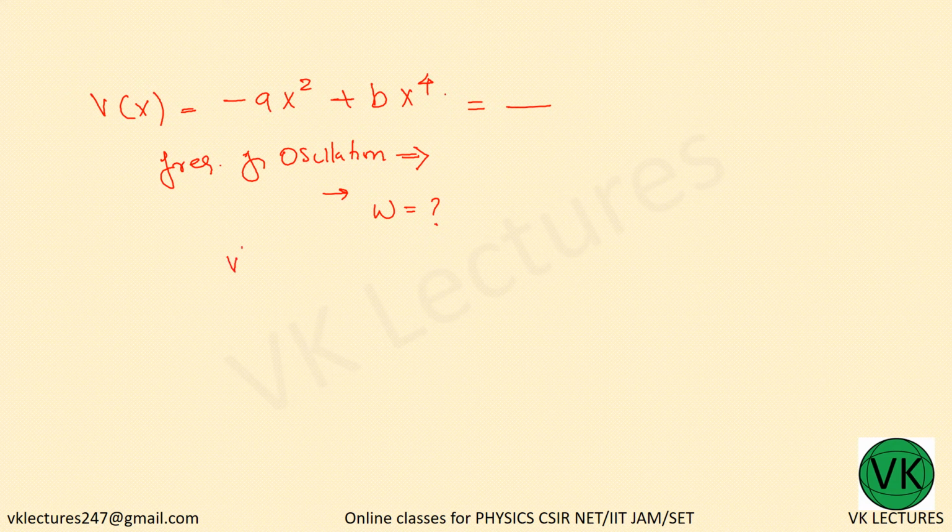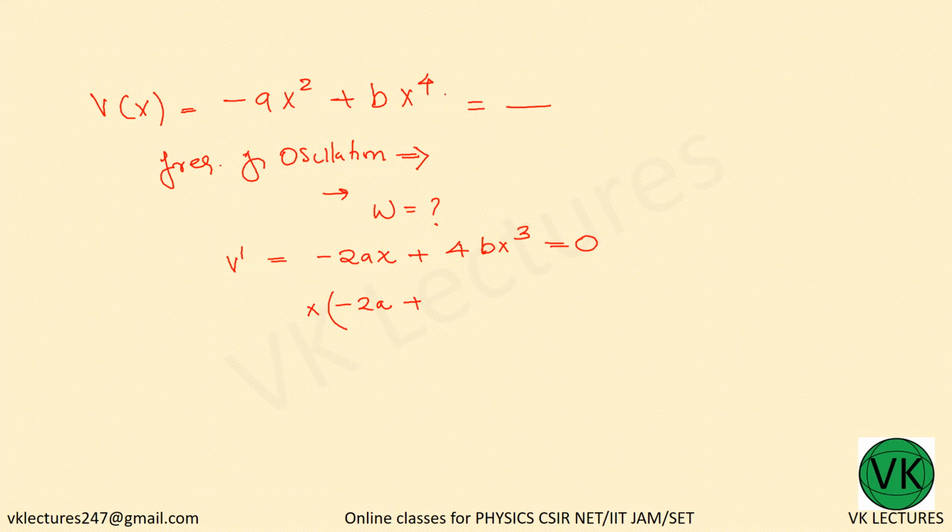As an example, I can give this for you. V dash is equal to, just differentiating, minus 2ax plus 4 times bx to the power 3. Right, we have to put this equal to 0 and find the equilibrium points.